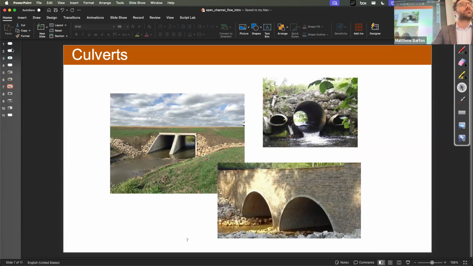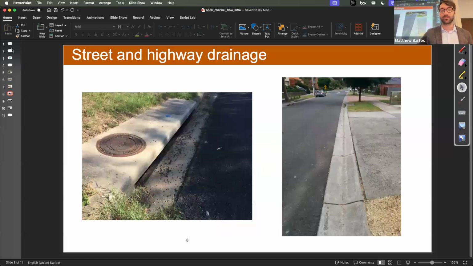What are these structures designed for? Culverts. Right. So if you didn't have structures like culverts, your channel would wash out every time that there's a major storm event, which is not what you want to have happen. So culverts also need to be designed to accommodate a given discharge while avoiding overtopping. We'll be talking about those hydraulic relations when we talk about design of open channels and culverts.